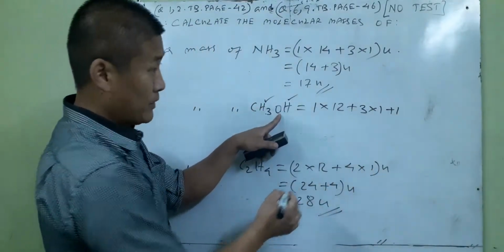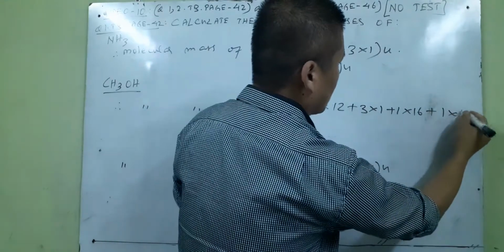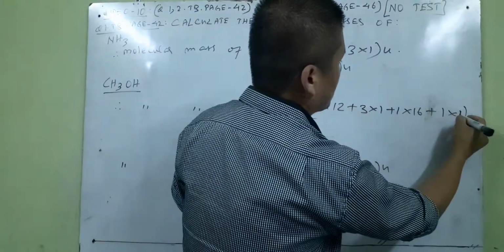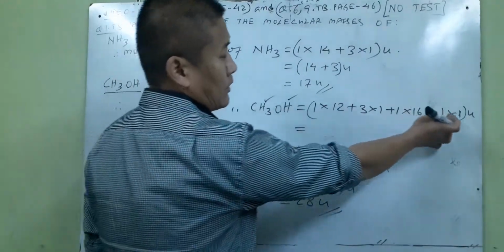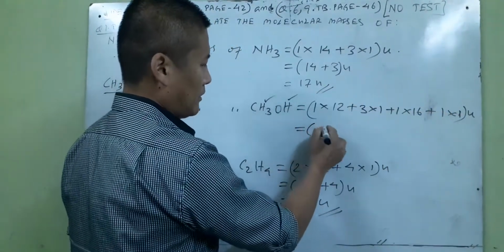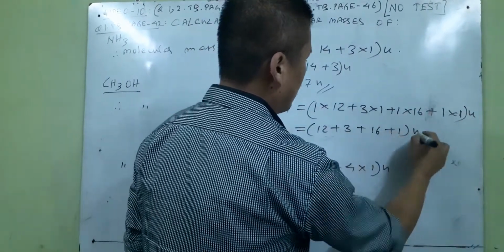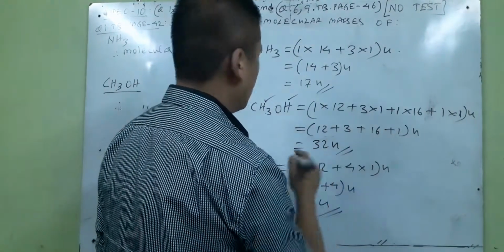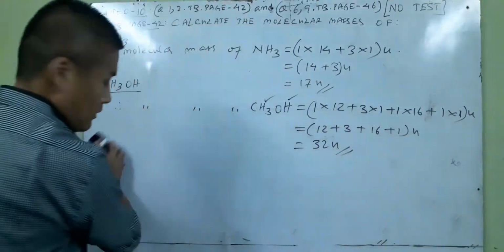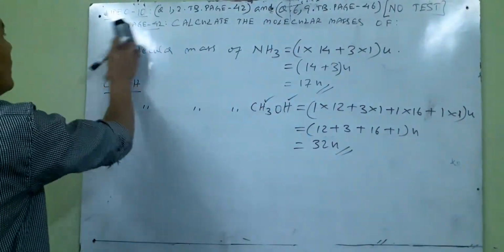The back of O, no number. Oxygen is 16, plus again 1 hydrogen, so 1 into 1. That way also, you can do separately, or together also, it's up to you. 3 plus 1, 4 you can put in, or not do that also, up to you. But just follow this. 3 ones are 3 plus 1 into 16, 16, 1 ones are 1. So that is 15, 31, 32. So that is your answer. Next is, that is finished. Now go to question number 2.